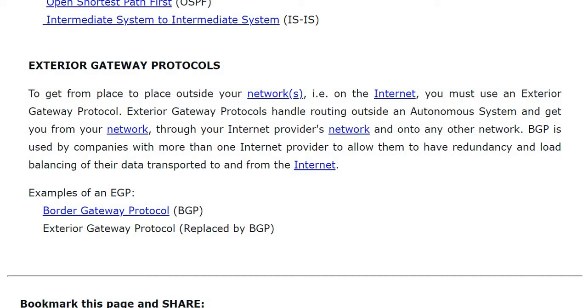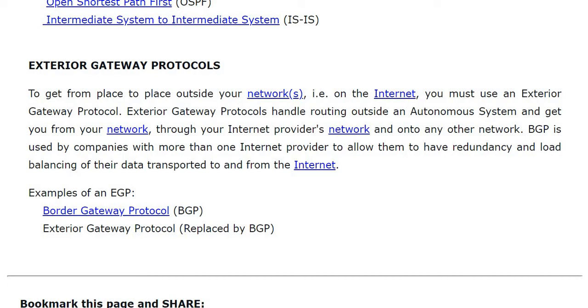So let's say we can have our own network set up, maybe a LAN or a MAN or a WAN internally. I can connect my routers to the Guwahati router.